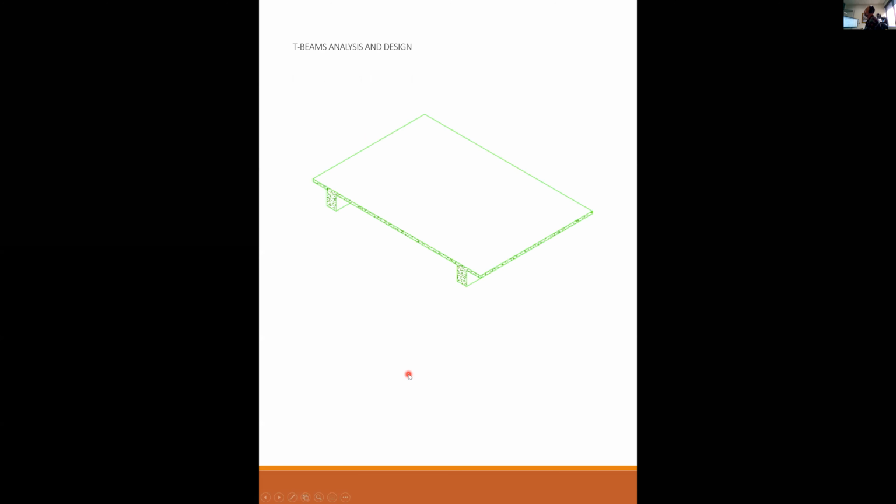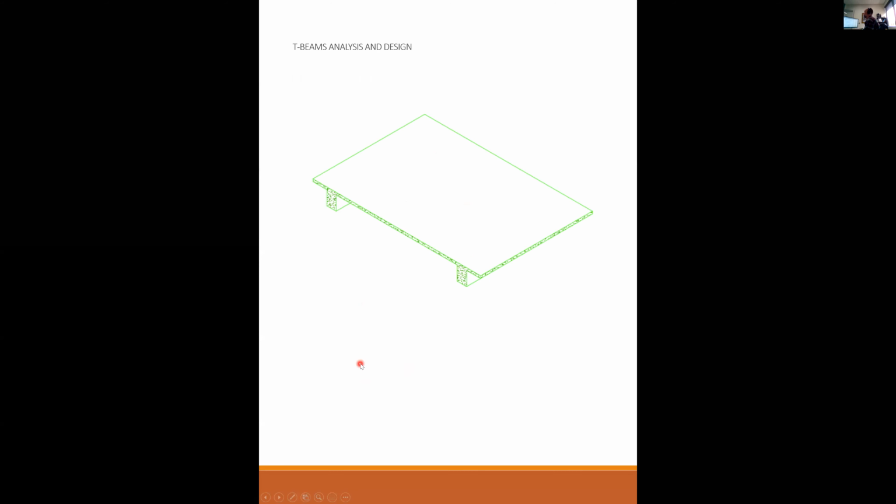What is a T-beam? This is the same diagram that I used at the beginning of the last lecture to show you what a one-way slab is. The one-way slab is designed to span from beam to beam. And that's fine. That's what the entire last lecture was all about.